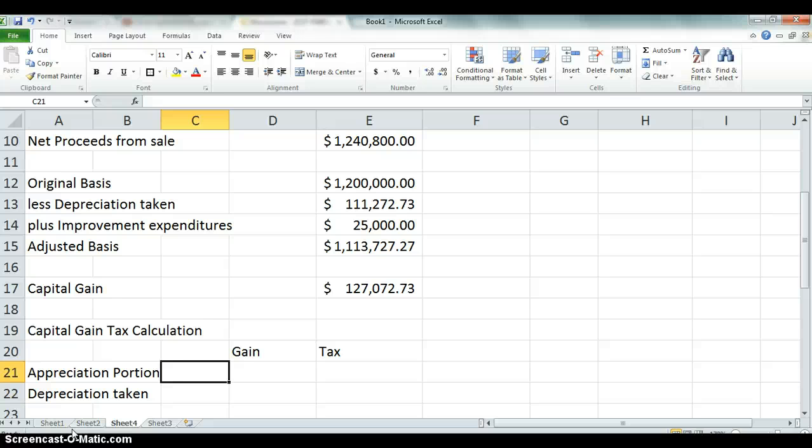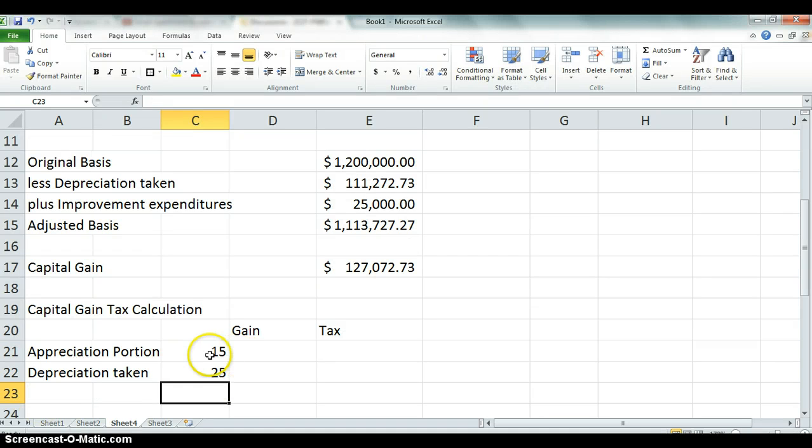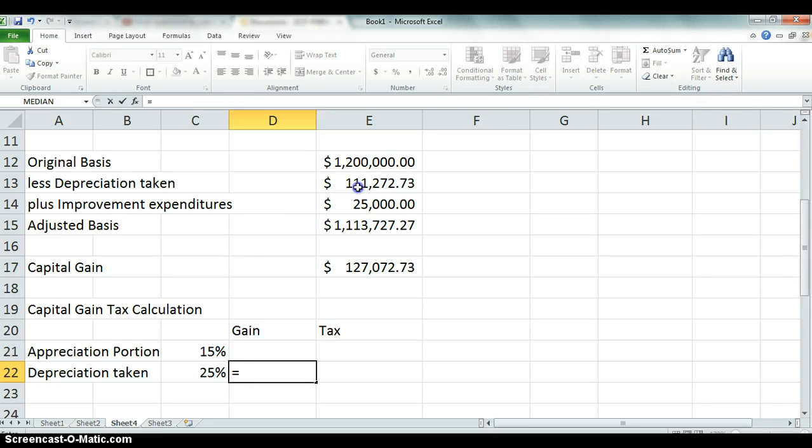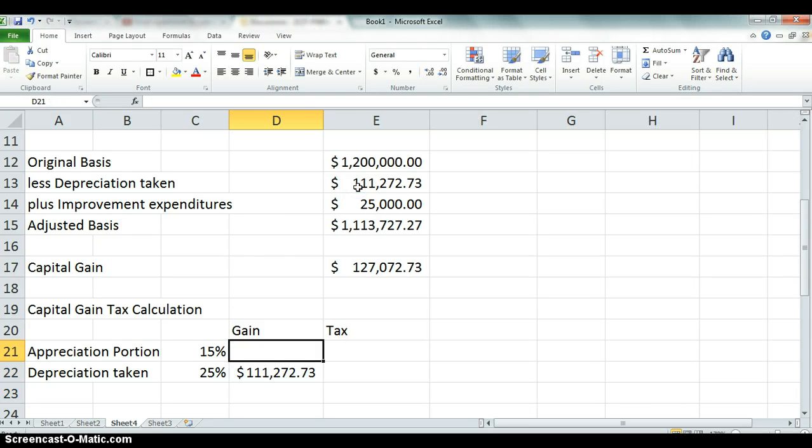For our appreciation portion, we are going to do 15%, and for our depreciation 25%. Our depreciation taken we have already here, and then our appreciation portion equals our capital gain minus our depreciation taken.